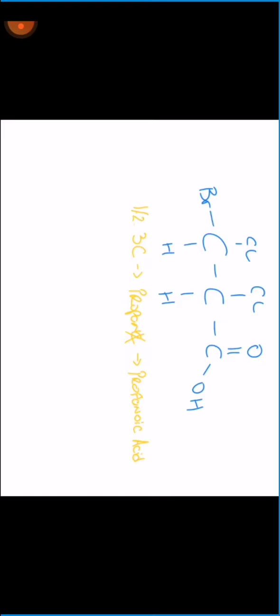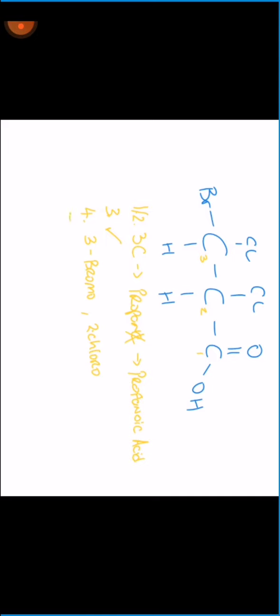Step 3 tells us to number our carbon chain such that our functional group has the lowest possible number. So we do that, 1, 2, 3, and then we indicate any substituents. So I can see that I have a 3-bromo and I have a 2-chloro.